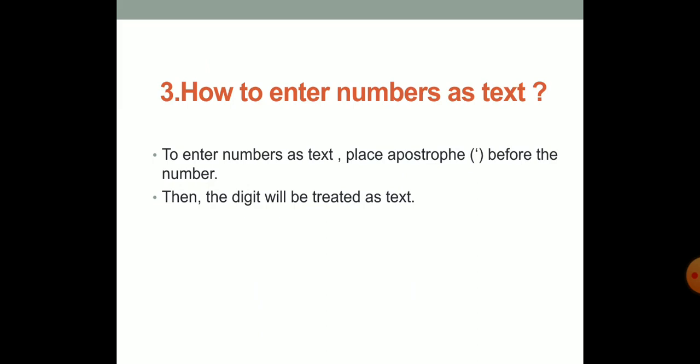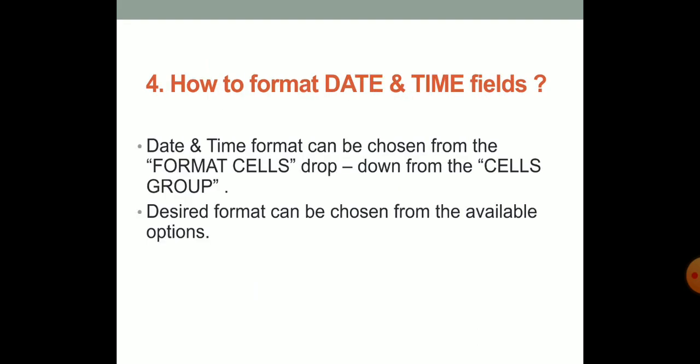So apostrophe, A-P-O-S-T-R-O-P-H-E. The apostrophe should be there before the number. Then the digit will be treated as text. So to enter the number as text, we have to enter the apostrophe.